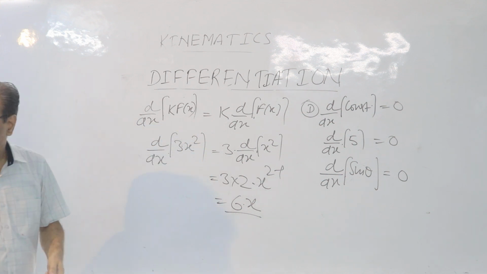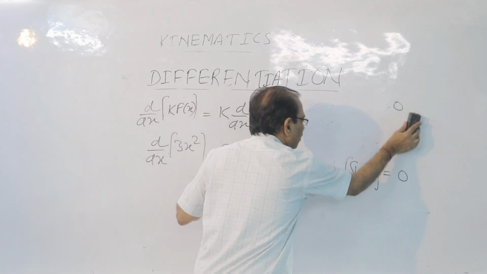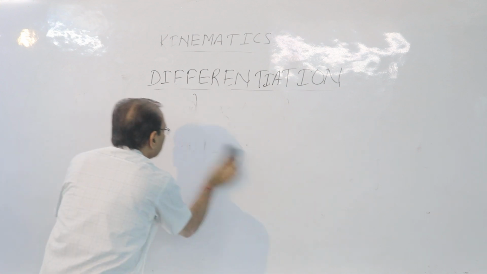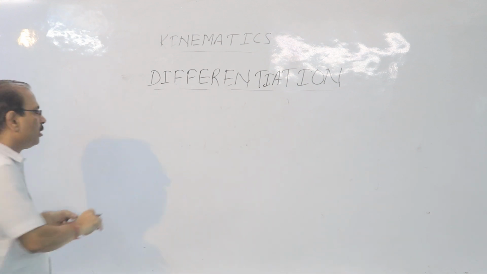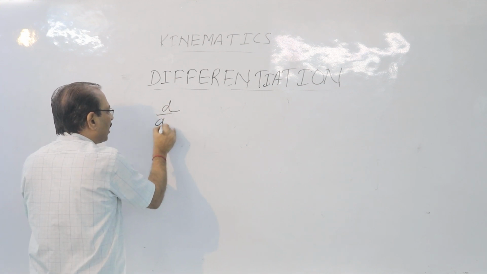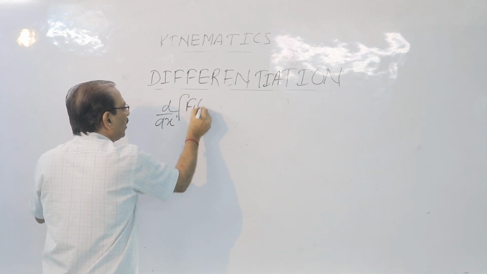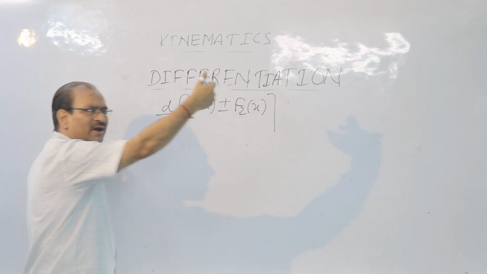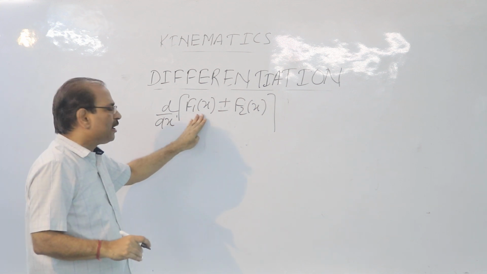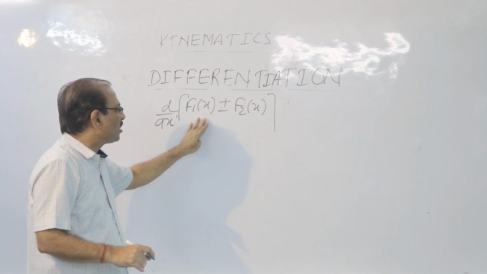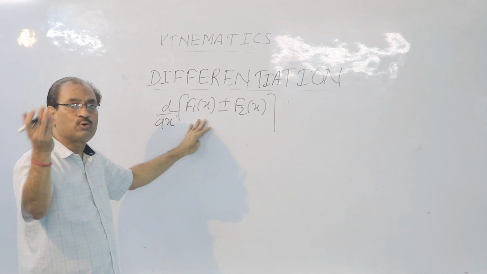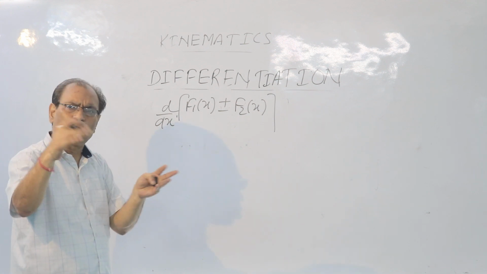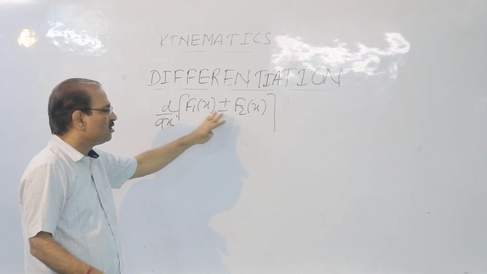Another important example I consider, children, if the function is given to you in the form of d upon dx of f1(x) plus or minus f2(x) plus or minus f3(x) could be. Can you tell me how many terms are present? 2 different terms, 2 different functions are present. This question has got two different functions or two different terms, f1(x), f2(x).